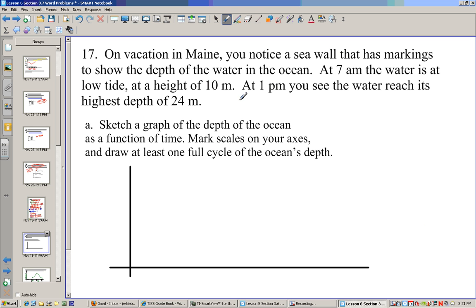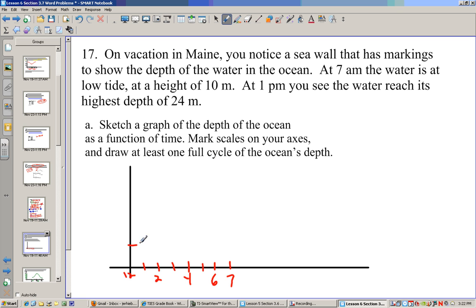So time is kind of a tough one because where do we start? Probably a good idea is to start at midnight, and then this would be 1, 2, 3, 4, 5, 6, 7. So this is 7 a.m., and at 7 a.m., it's 10 high.